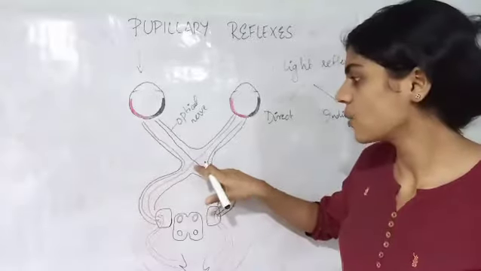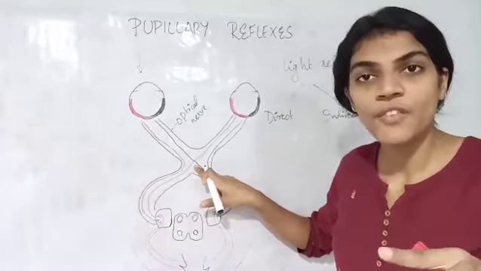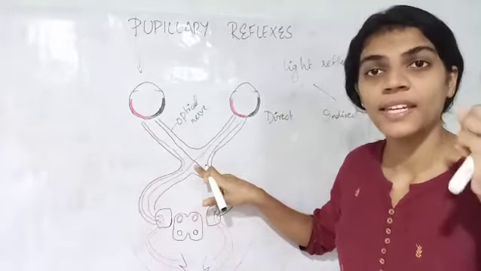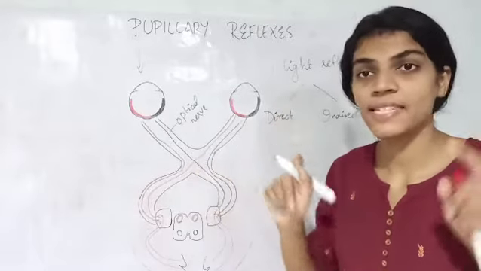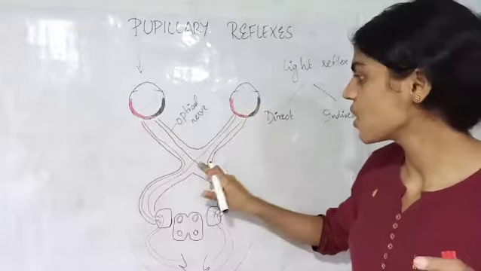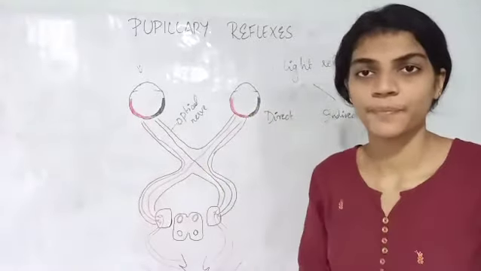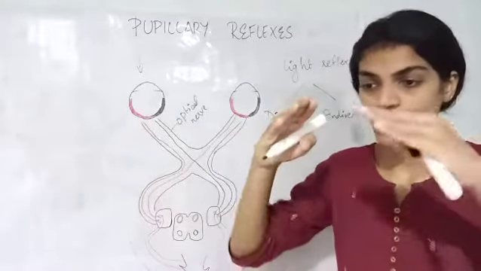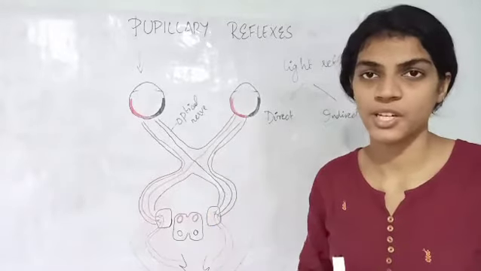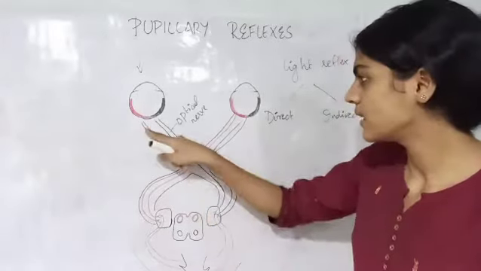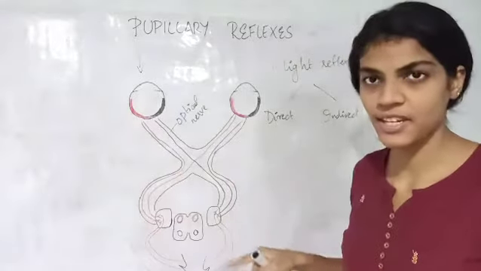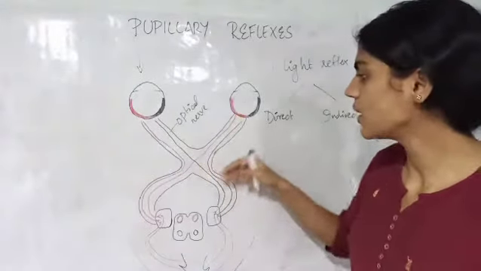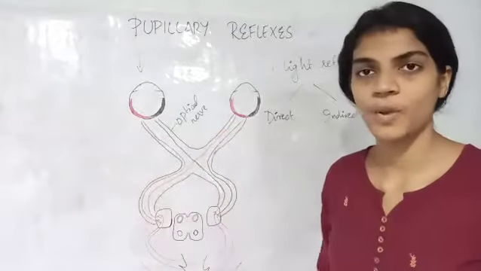From the optic chiasma, some of the nerve fibers, specifically the nasal retinal fibers, will cross over to the opposite optic tract, and the temporal ones will follow the same tract.